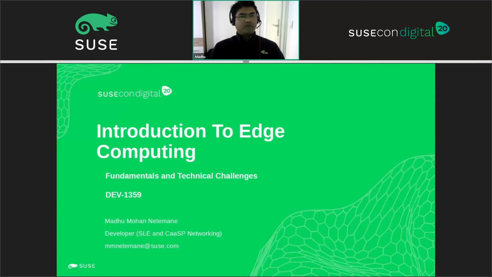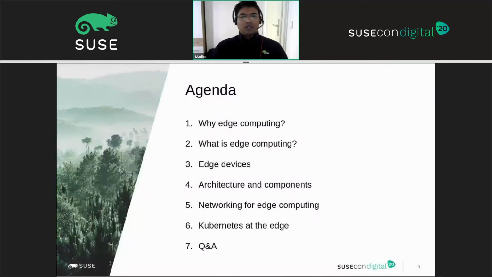So going ahead, this is our agenda for today. We'll go through some use cases to understand why the buzzwords about edge computing even exist. Then we try to define edge computing and separate it from the other buzzwords we hear about all the time.